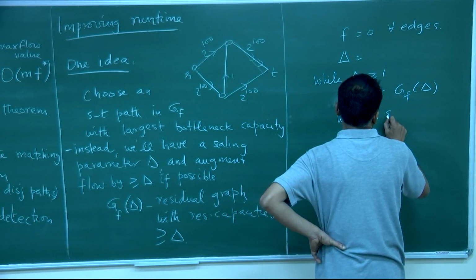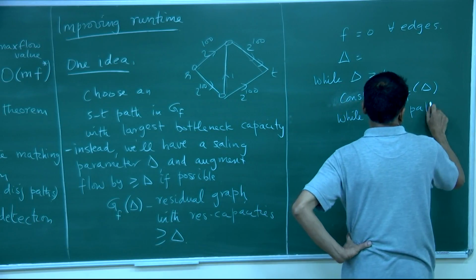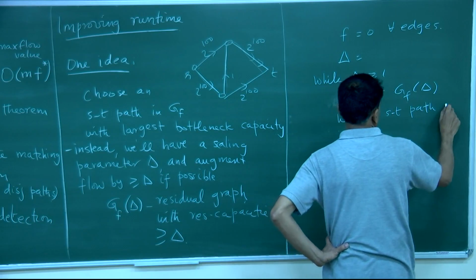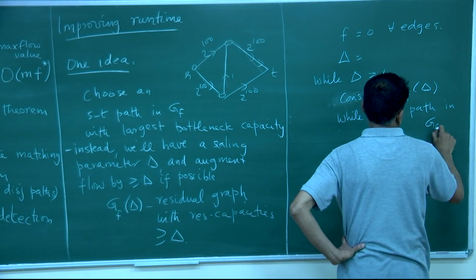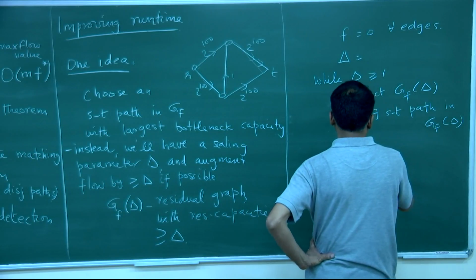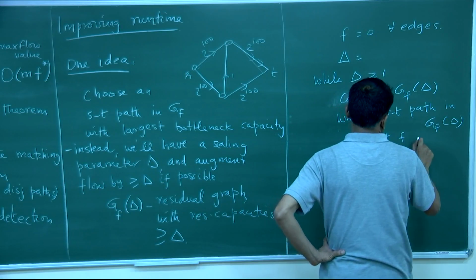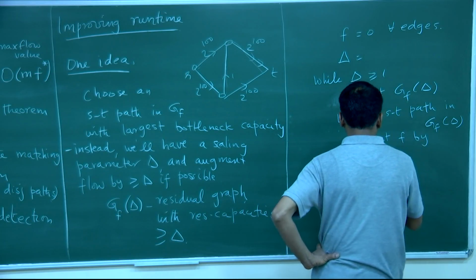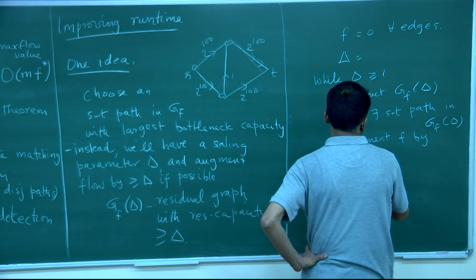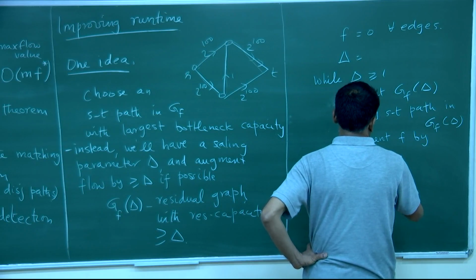While there exists an ST path in GF delta, augment by the max flow possible in that path.